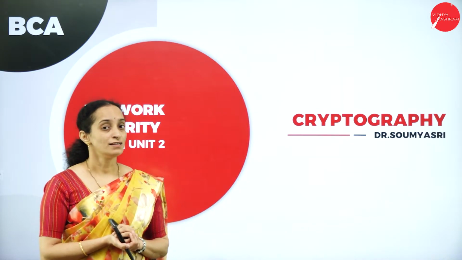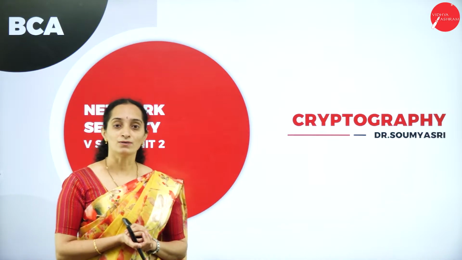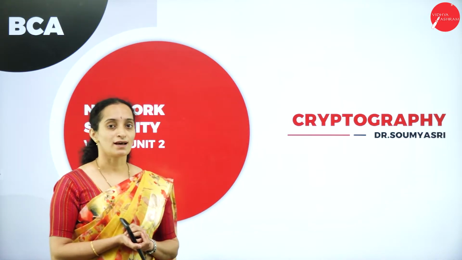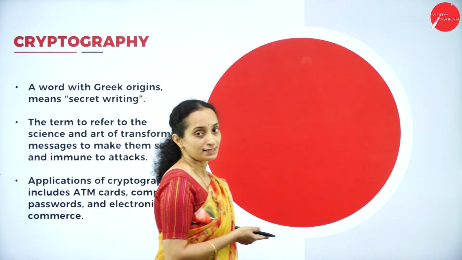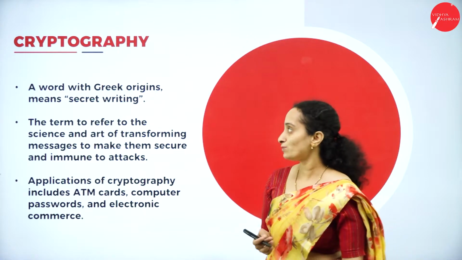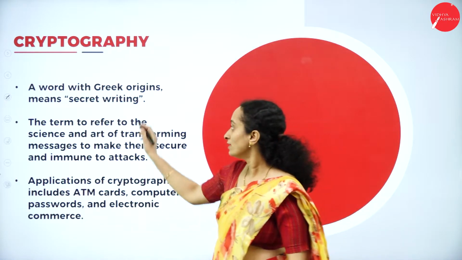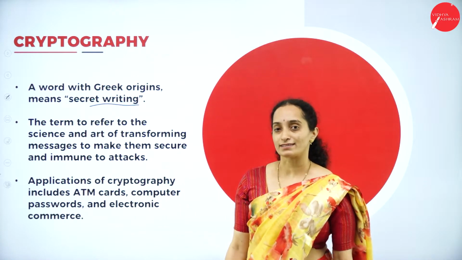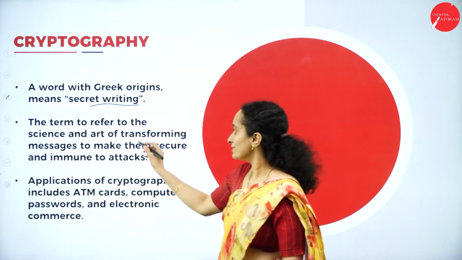Let us have a view about what is cryptography. How can cryptography be implemented to secure the data over the network? Okay. As I said in the previous units, the word cryptography originally stands for secret writing, cryptic writing. That means secret writing which is not able to be recognized.